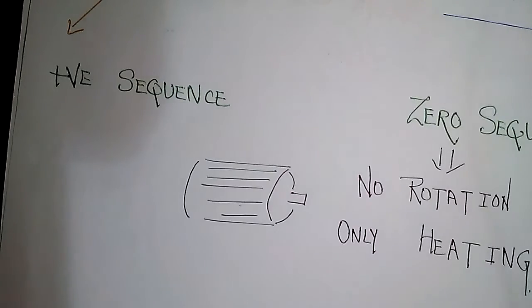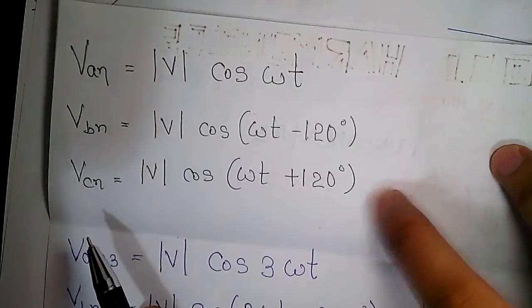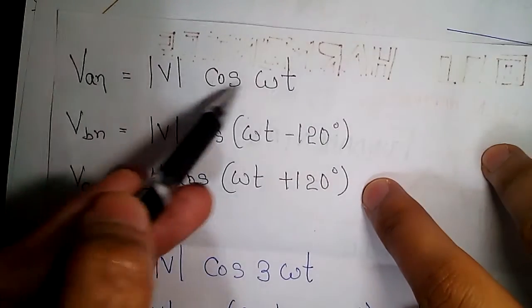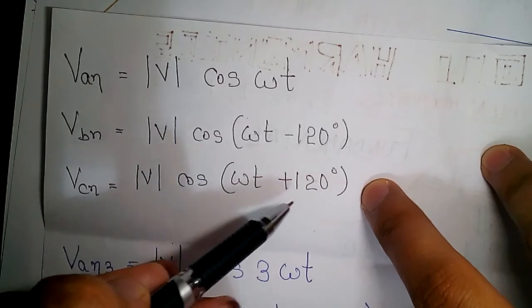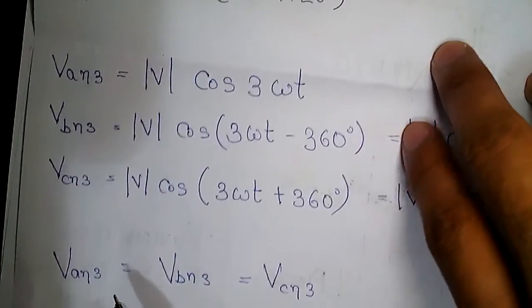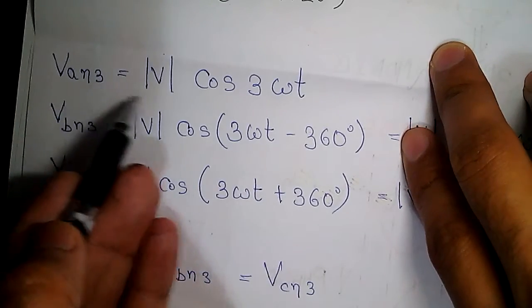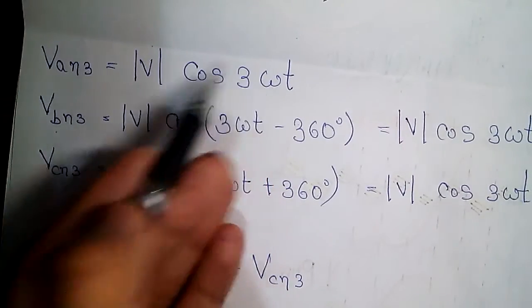Now if I want to understand it mathematically, if my fundamental is V cos ωt, V cos(ωt − 120), V cos(ωt + 120) for A, B and C, then my third harmonic will be V cos 3ωt. I have multiplied this ωt by 3.